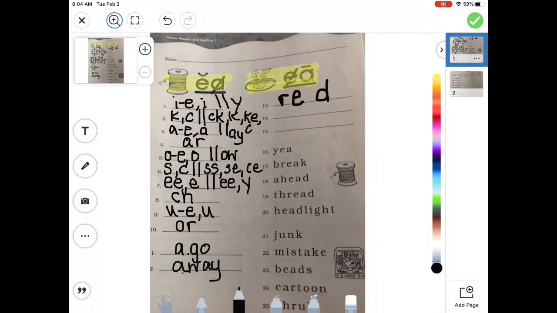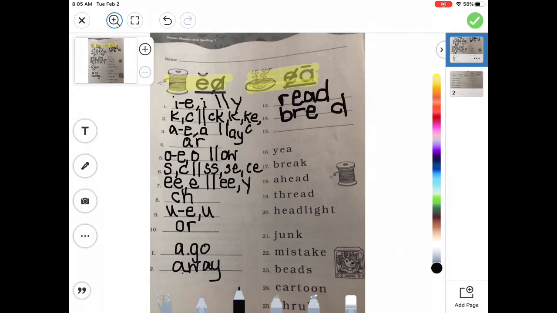If I want to spell red like I read a book, I need to have that A in the middle. So that's one of those you have to know which one they're wanting you to spell. What about "bread"? Bread. Well, I hear that brr blend. So that's that BR, then E, and then D.